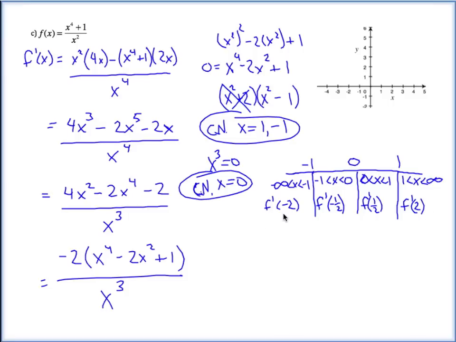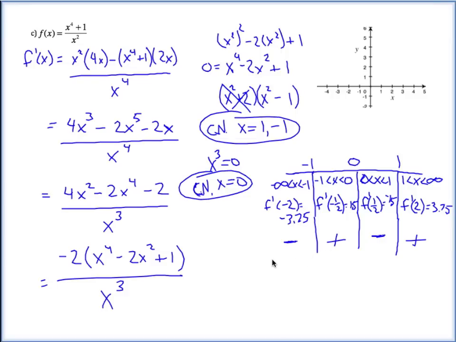Okay, so here, f prime of negative 2 is negative 3.75. All I care about is that it's negative. F prime of negative 1/2 gives me 15. All I care about is that it's positive. F prime of 1/2 is negative 15. So all I care about is that it's negative. And then f prime of 2 is positive 3.75. And so all I care about is that it's positive.